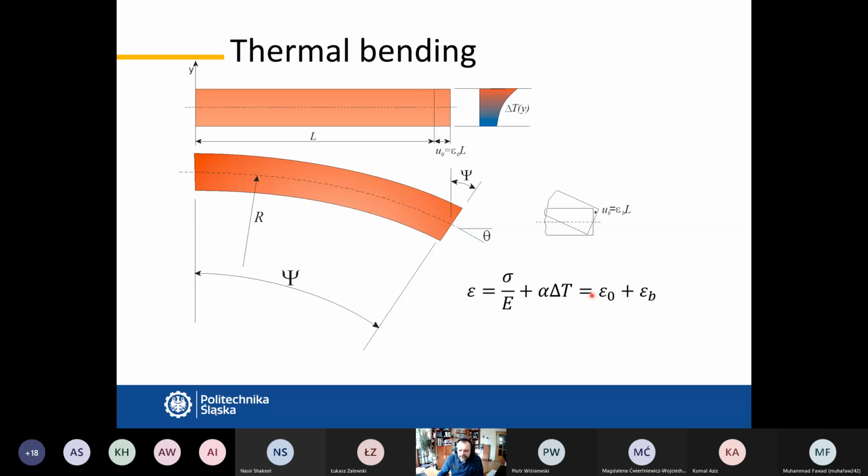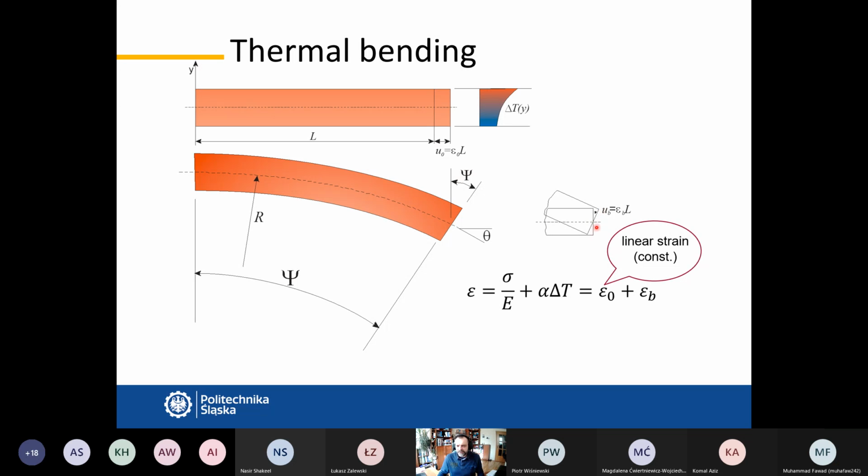And we can say that we have here epsilon 0, which is the mechanical part of the strain, due to the mechanical effects which are usually applied to the beam, so moments or lateral forces applied, and the bending effect resulting from temperature distribution. So linear strain and bending strain.